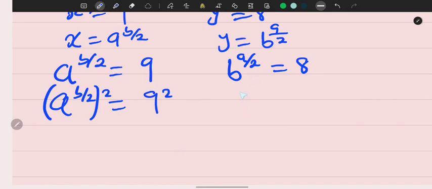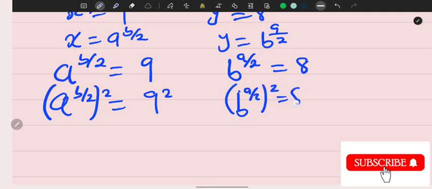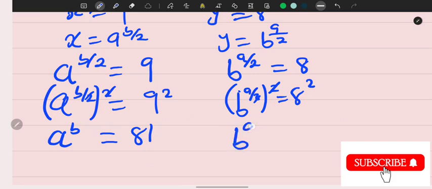Same thing applies to this: b to the power of a over 2 all squared equals 8 squared. This will take care of this, and you now have a to the power of b equals 81, since 9 squared is 81, and b to the power of a equals 8 squared, which is 64.